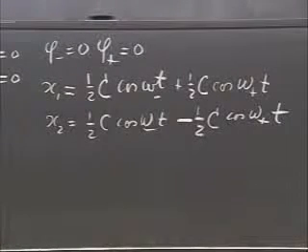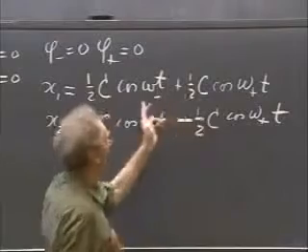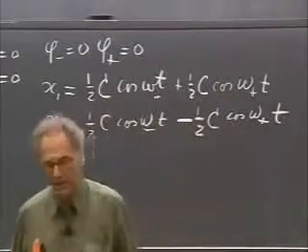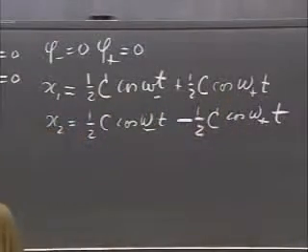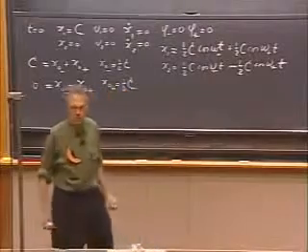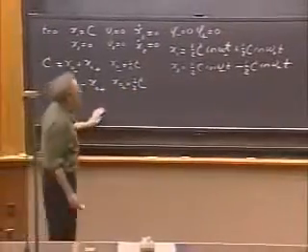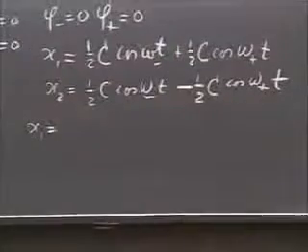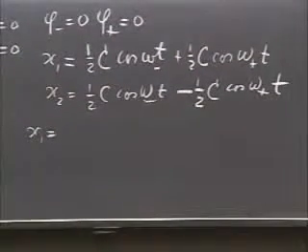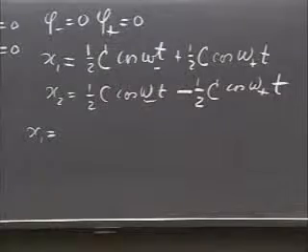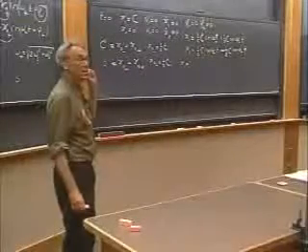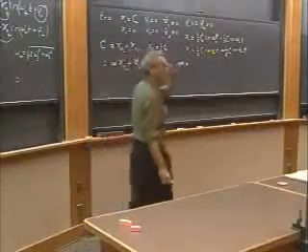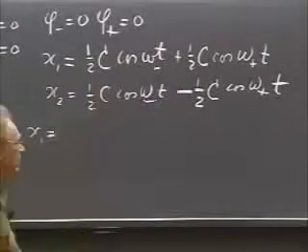Now I remember from my high school days that the cosine alpha plus the cosine of beta is twice the cosine of half the sum times the cosine of half the difference. So I can write down x1 as twice the cosine of half the sum times the cosine of half the difference. So that 2 that I get eats up these 1/2s.